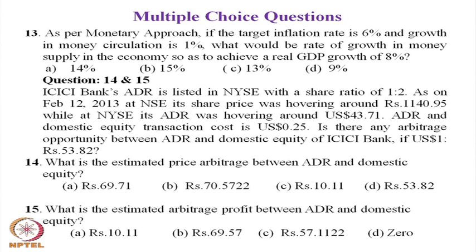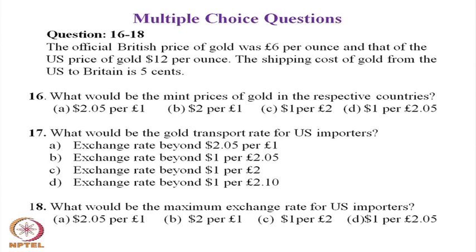Question number 16. For question number 16 to 18, that is 16, 17 and 18, there is a write up. On that basis, you have to answer question number 16, 17 and 18. The write up is here.